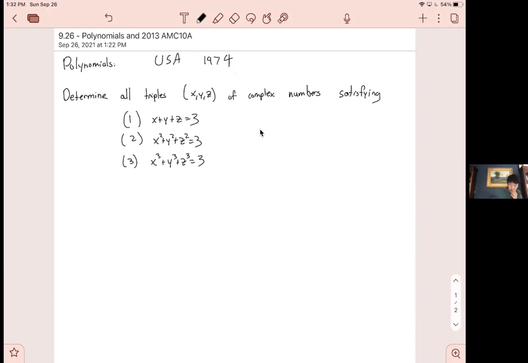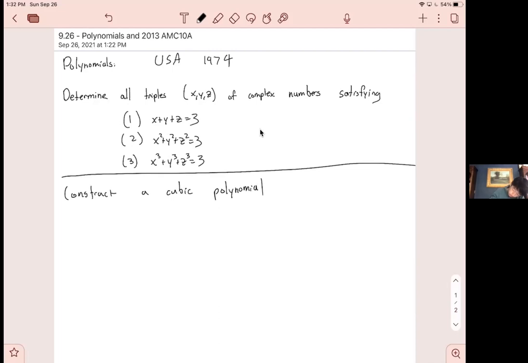So the goal of what we're going to try to do here is construct a cubic polynomial like f of w, which has roots x, y, z.